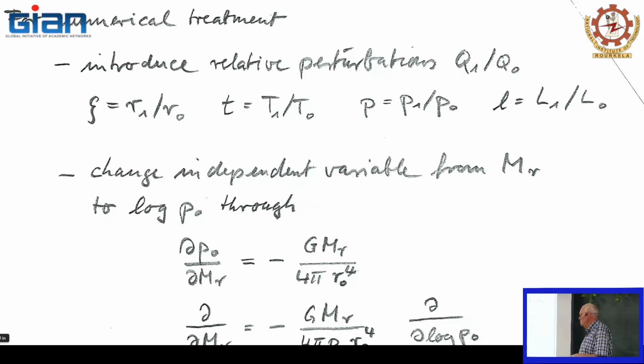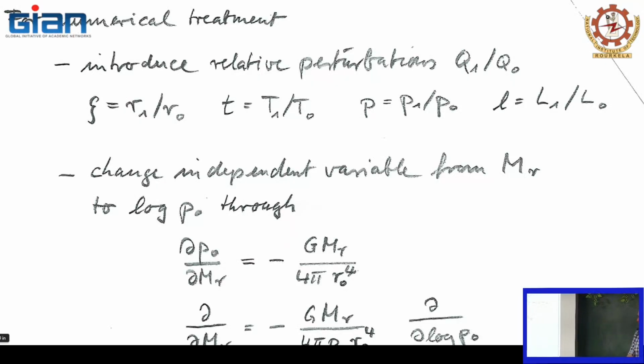The transformation is found through the hydrostatic equilibrium of the background model. That means dP0 by dmr is given by minus G mr over 4 pi times the radius to the fourth power.